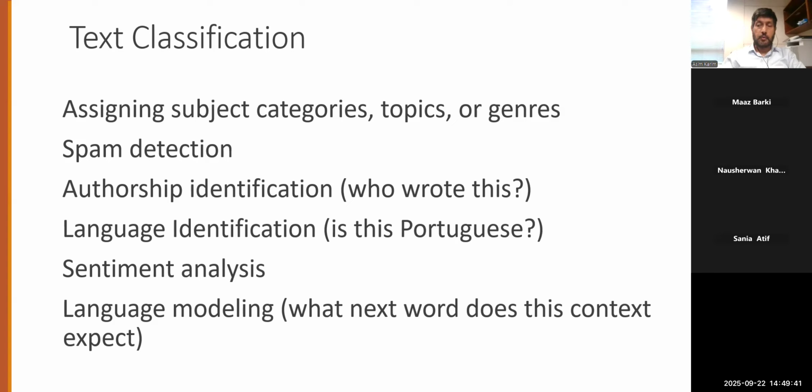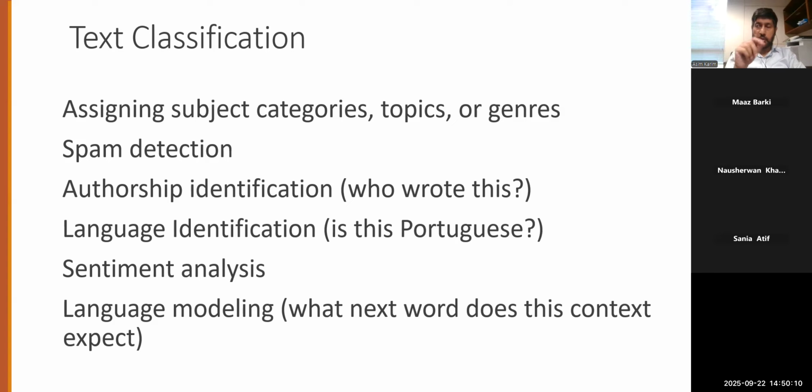Of course, if you come back to NLP, you can use text classification to determine whether a particular text is written in Urdu or English or Latin or Greek or whatever, so language detection. So this notion of classification can be extended in many different ways. You can even use classification to determine what the next word is going to be in a running text.